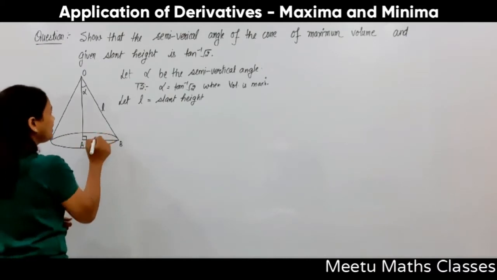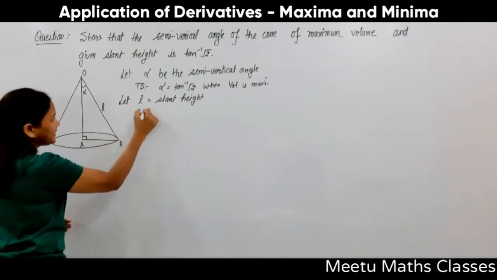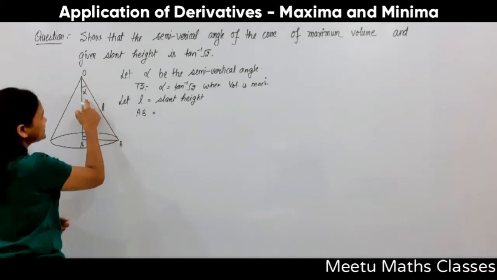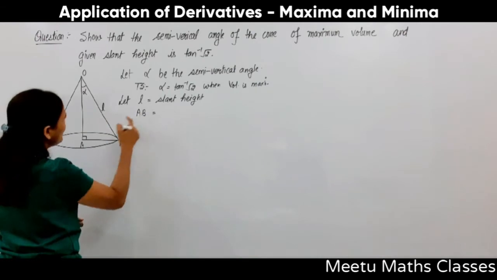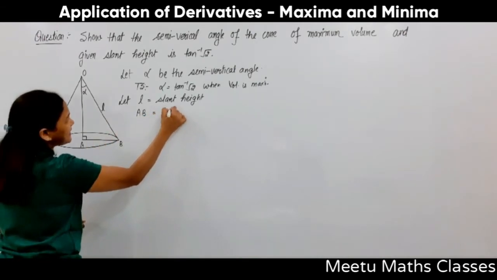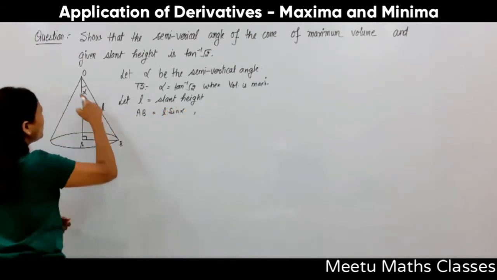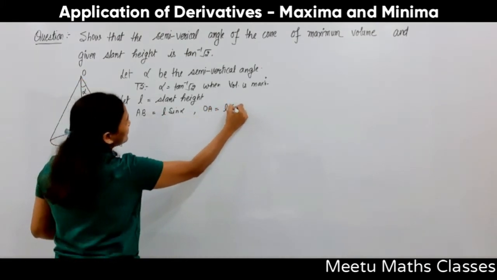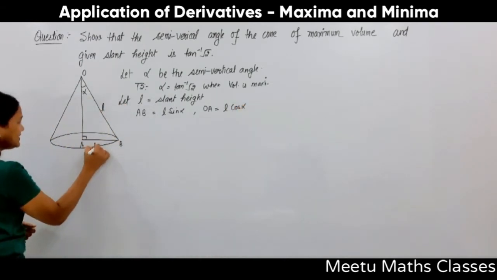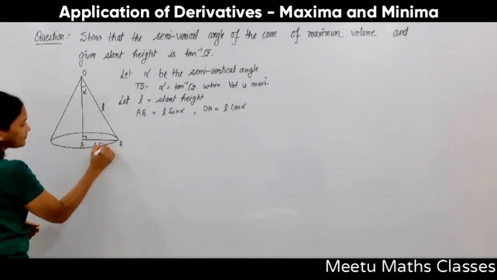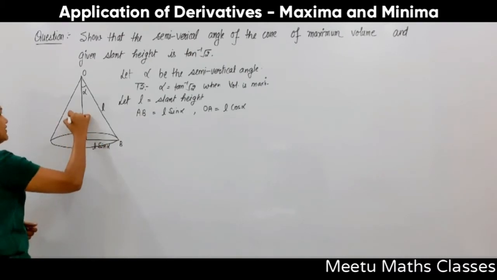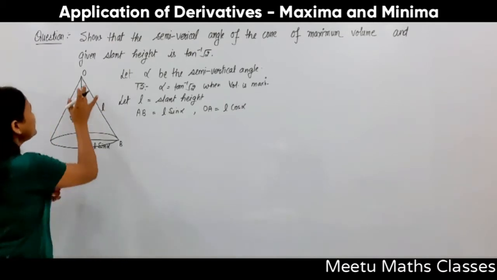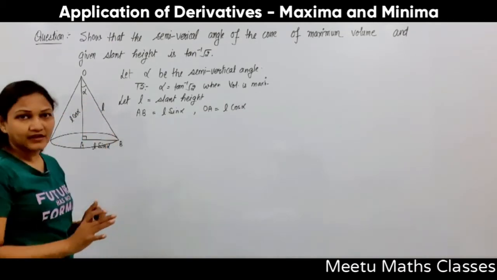AB upon OB will be equal to sin alpha, so AB will be L sin alpha, and OA is L cos alpha. So you have the radius and height of the cone in terms of L and alpha.